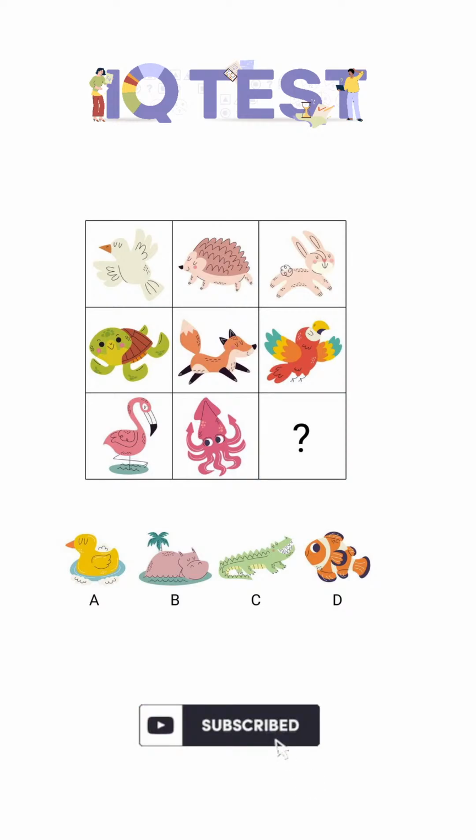If you look at the options, a duck is both aquatic and terrestrial. A hippopotamus is the same, it lives on land and water. The crocodile also does the same thing. So it is the fish that is constantly in the water. So the answer here is D.